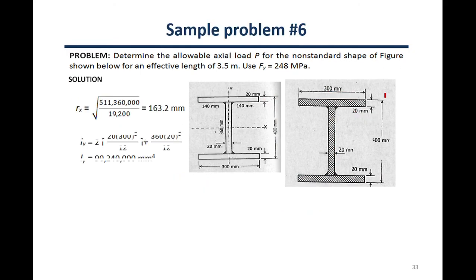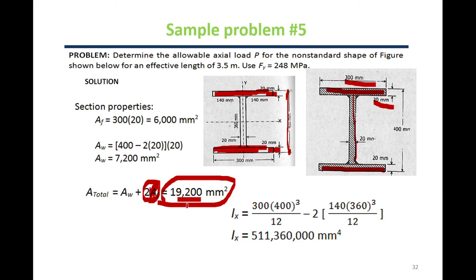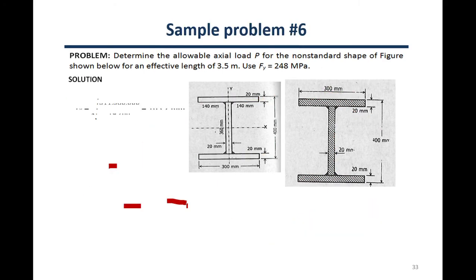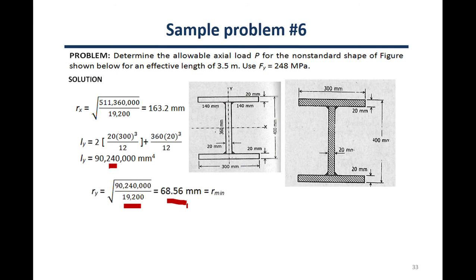For the Rx, we have 163. So we have that one is 90 million. So for the Ry, 68. Ano isa natin nakuha kanina? Wala pa, no? So we have here, remember, sabi sa inyo, mas gagamitin yan. Ito, for the Ry, to get for the minimum. Okay, kasi nga, mas mataas to, 163. Eh, di ba, kailangan gamitin natin minimum.